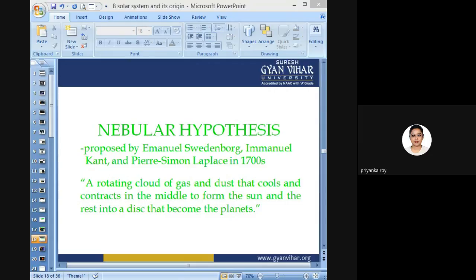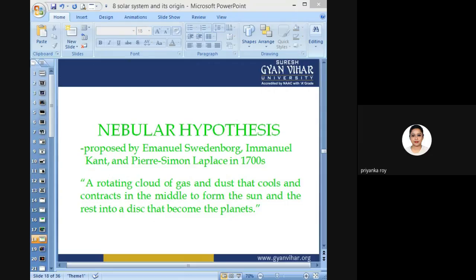Right now, the nebula hypothesis was proposed by Immanuel Kant and Pierre Simon Laplace in the 1700s, who said that a rotating cloud of gas and dust cools and contracts in the middle to form the sun, and the rest into the disk that became the planets.